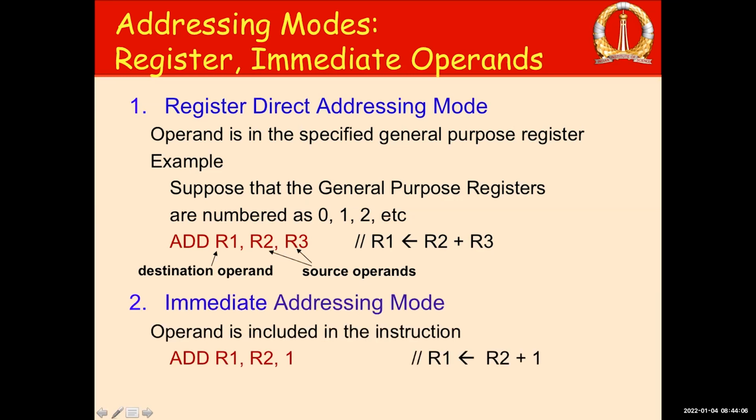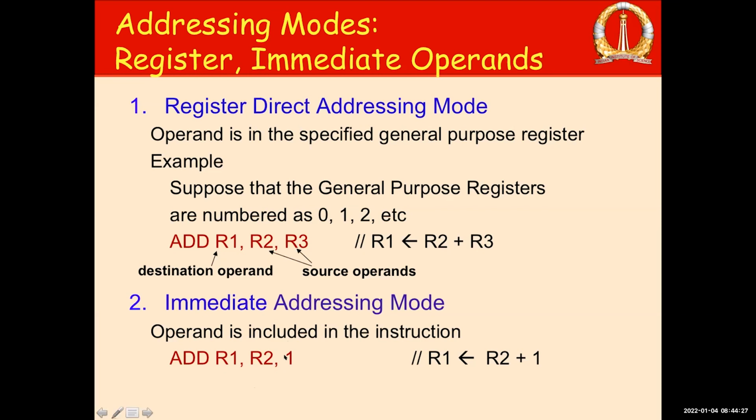As opposed to this, in the immediate addressing mode, the operand is specified as a part of the instruction. And this addressing mode is used for specifying small constant values. For example, if you want to add, let's say, a constant value 1 to a register value, then you could use this immediate addressing mode.